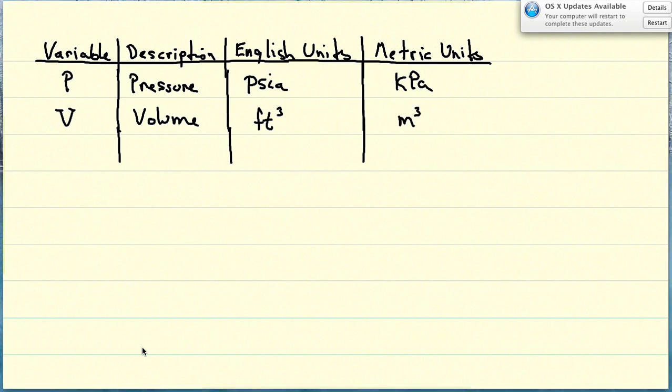And then on the right-hand side we have the mass. For the English units, we'll want mass in pound mass, and for the metric units, kilograms.